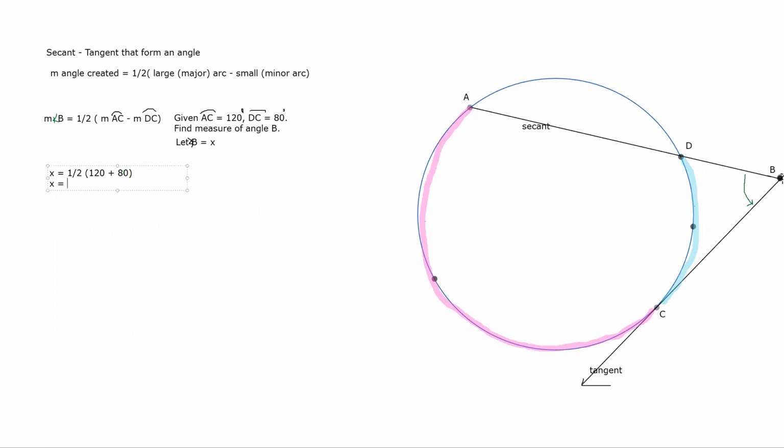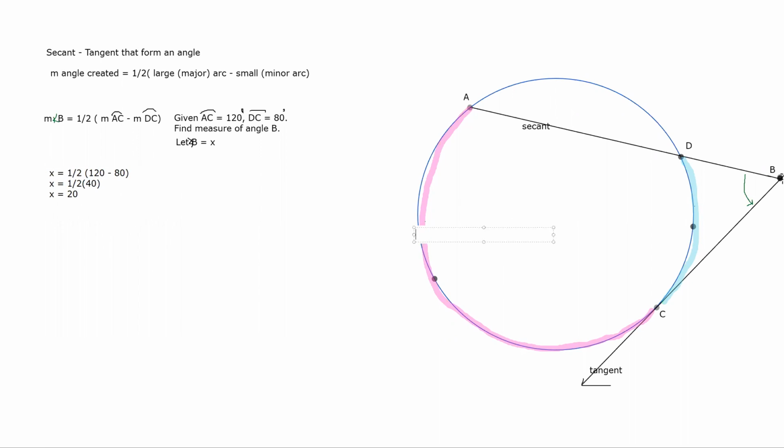X equals 1/2 of 200. Whoopsie daisy, I have a minus in there. This is a minus, the big one minus the little one. X equals 1/2 of 40. Therefore, X equals 20. So that's how we would find the angle.